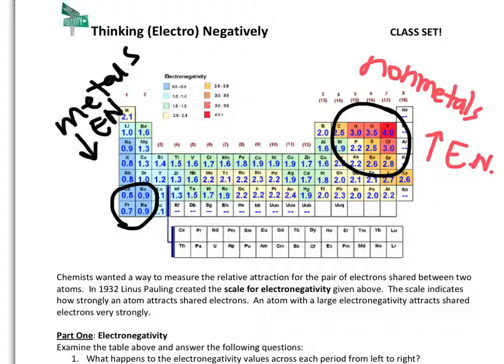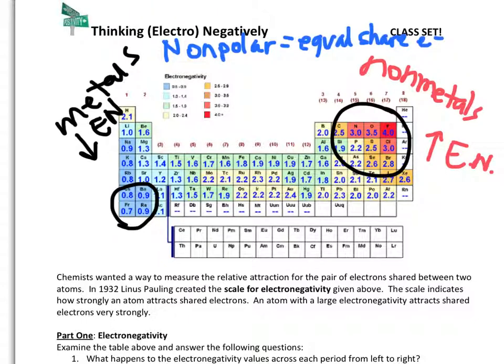However, if one is pulling slightly harder than the other, but not totally ripping that electron away, that's called a polar bond. So nonpolar means equal sharing, an equal share of electrons, versus polar is unequal sharing.